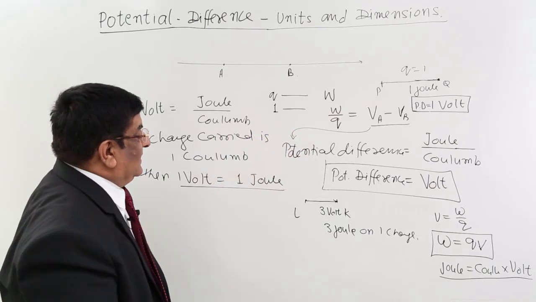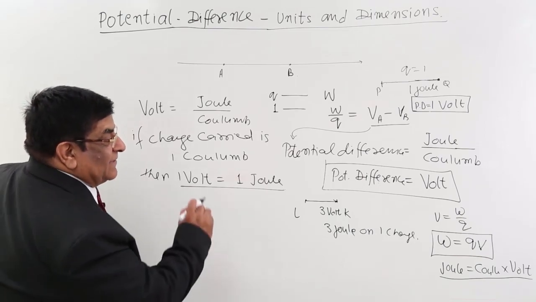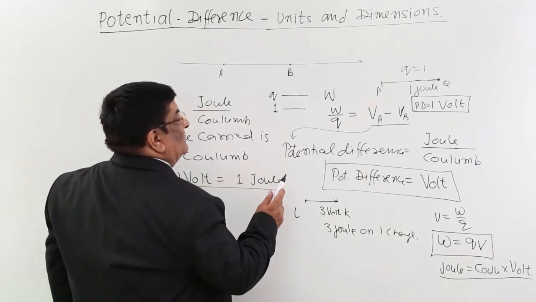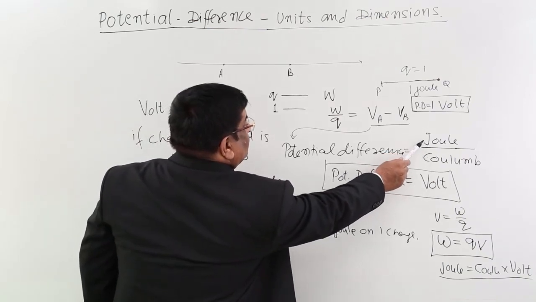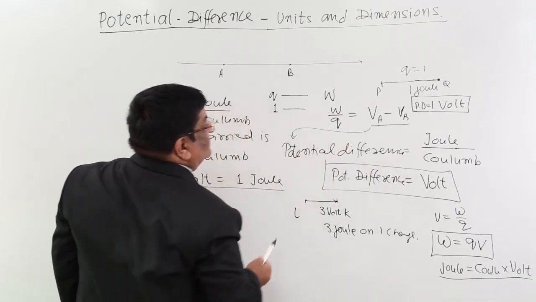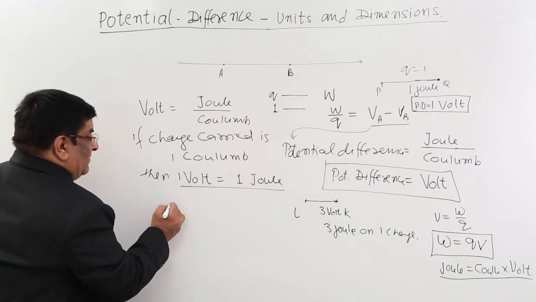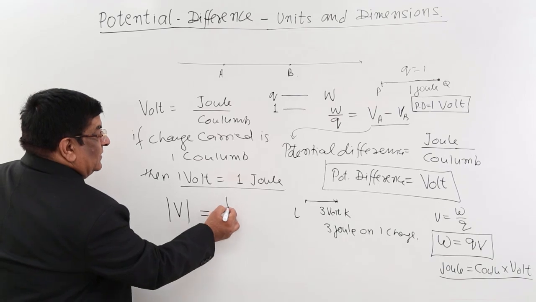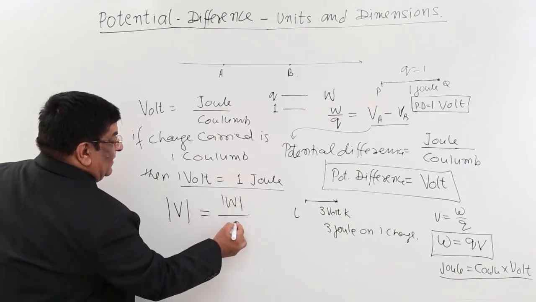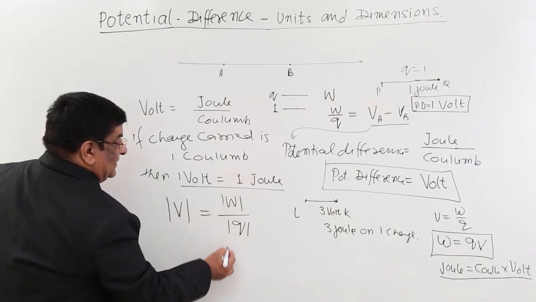Now, what are the dimensions? Dimensions we will take from its formula: volt has the formula joule upon coulomb. Joule is work done, coulomb is the charge. So the dimensions of potential difference are equal to the dimensions of work divided by the dimensions of charge.